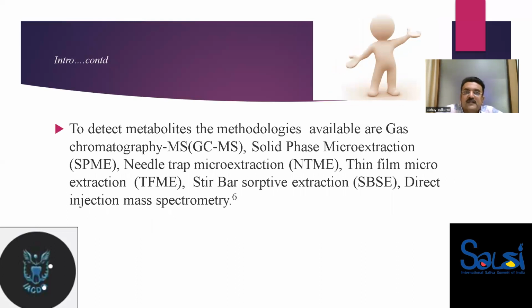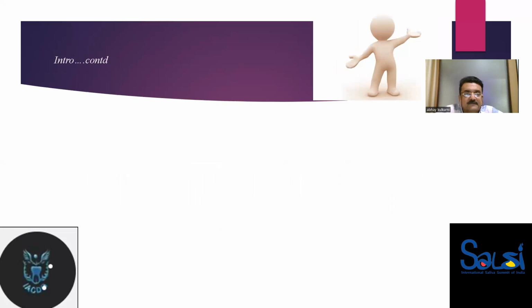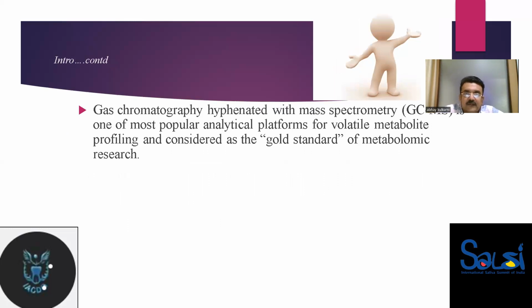To detect metabolites, methodologies available are gas chromatography MS, solid phase microextraction, needle trap microextraction, thin film microextraction, stir bar sorptive extraction, and direct injection mass spectrometry. Gas chromatography hyphenated with mass spectrometry, that is GCMS, is one of the most popular analytical platforms for volatile metabolomic profiling and is considered the gold standard of metabolomic research.